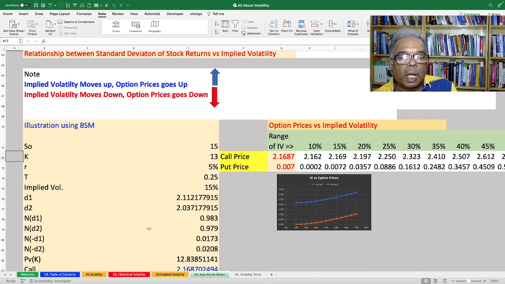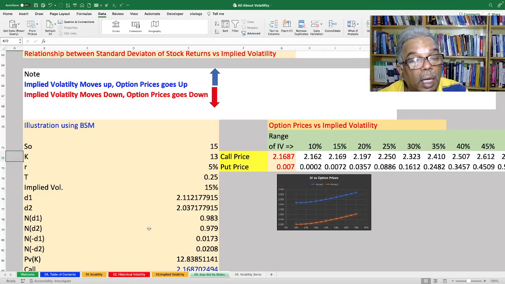If you buy an option when the implied volatility is at a low level, that means you are buying the option premium at a low price. When the implied volatility goes up, you can make a profit by selling the option.